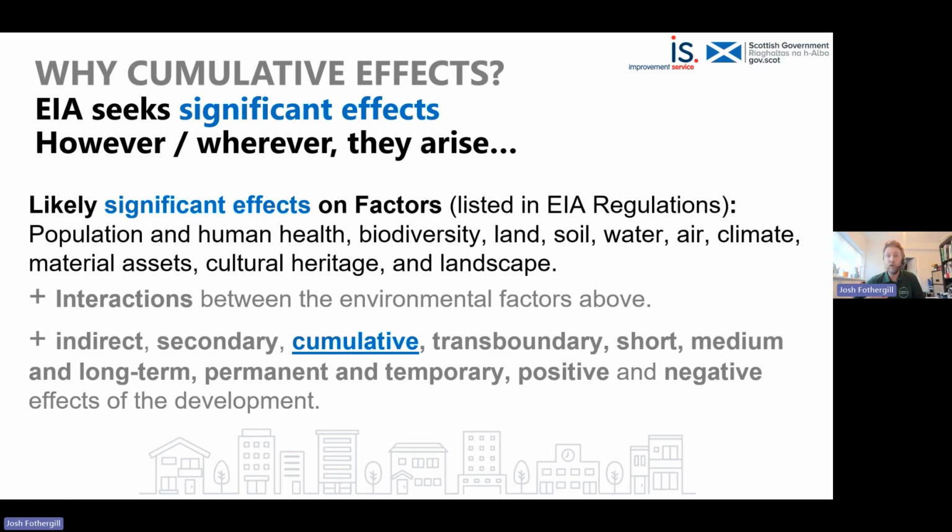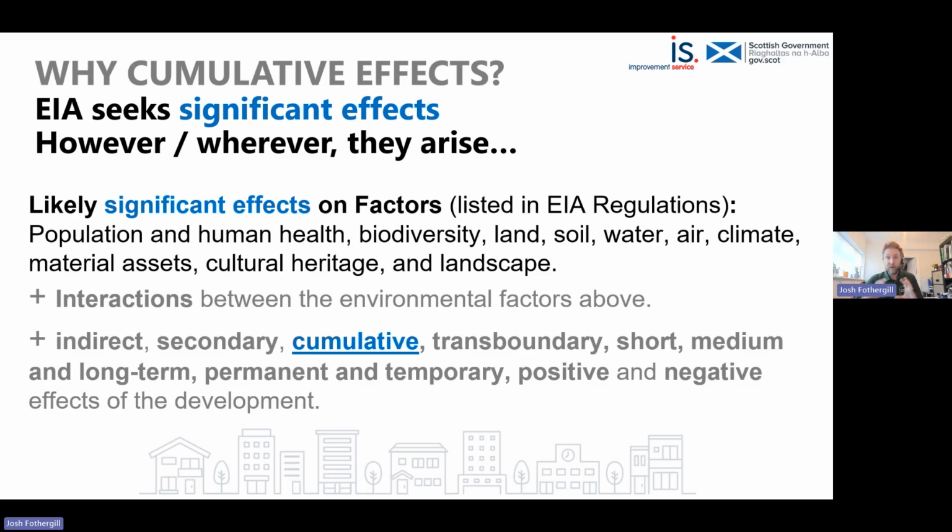And it's not necessarily just the direct effects that come out of our developments, but it can be interactions between those factors. It can be secondary, cumulative, transboundary, and all these terms appearing in Schedule 4 of the regulations, setting out what needs to be covered, if it's relevant, in the developers' EIA report documents.